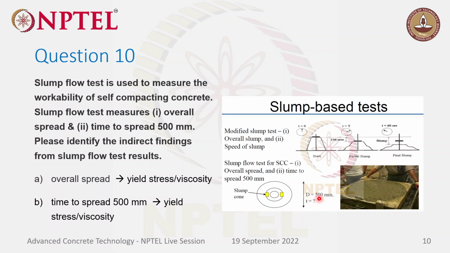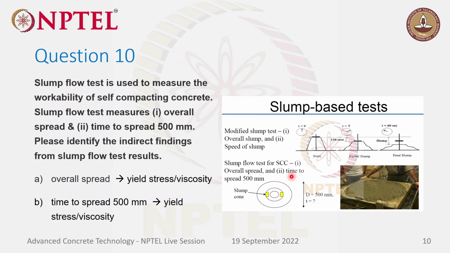We also did the V funnel test, in which we measure the time required for all the concrete to flow through the V funnel. If you have gone through the lecture video, then obviously you know what the V funnel test is. From that we differentiate the type of flow of the concrete.